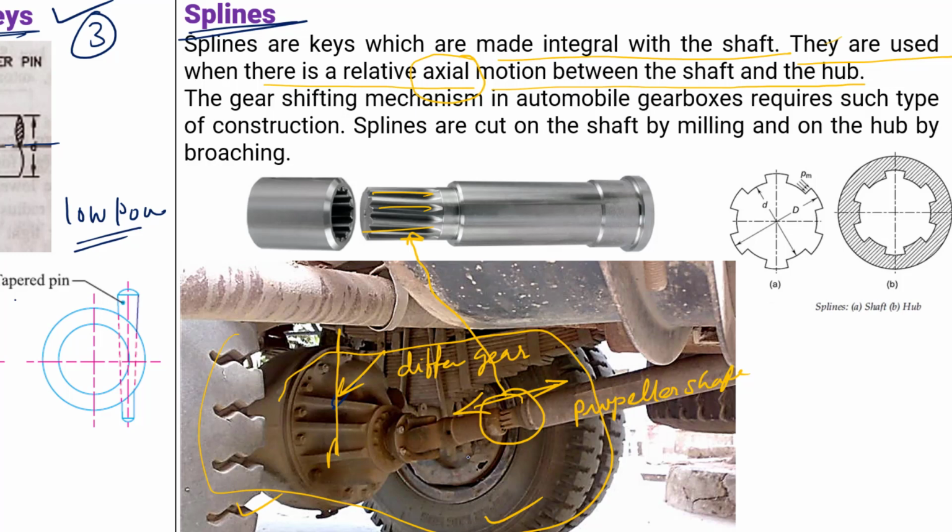So to allow it to move up and down freely, we have to provide a joint which permits the relative motions, right? Relative axial motions. Along with that, it is also going to transmit the torque. So spline is the only solution where it transmits the torque and simultaneously allows the linear axial movement, right? So here it satisfies both requirements of the vehicle.